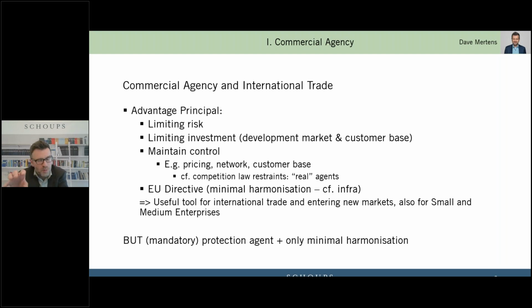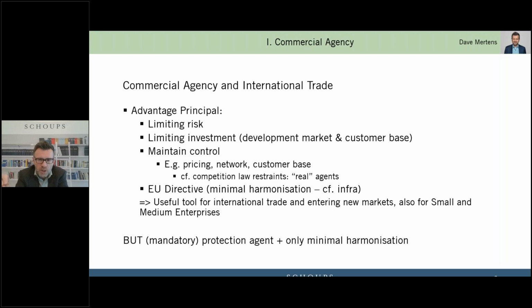This is sometimes very interesting for smaller companies that may not have the resources to develop that market with their own affiliate, because the cost of investment would be too high, particularly if it goes wrong.